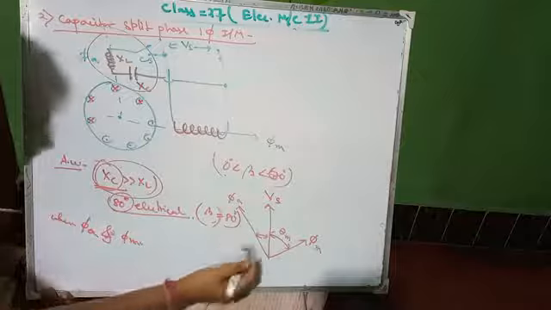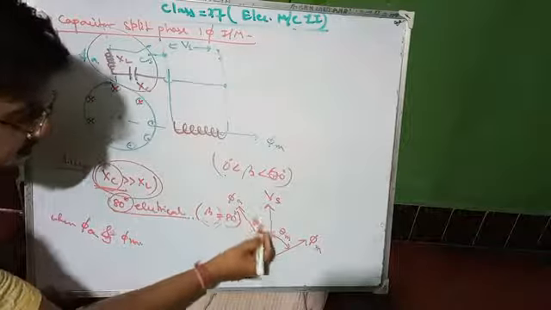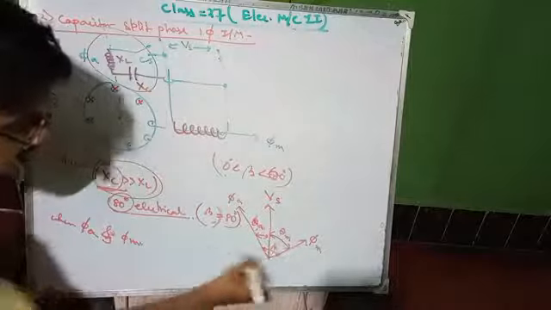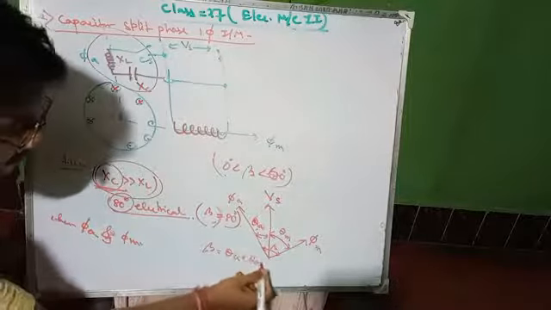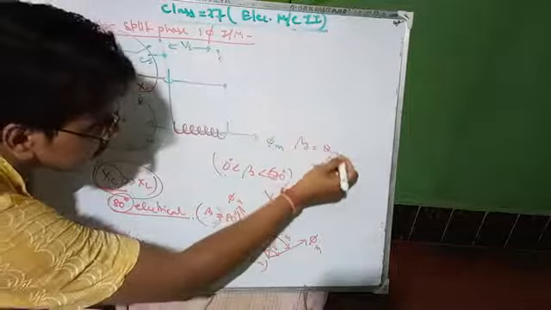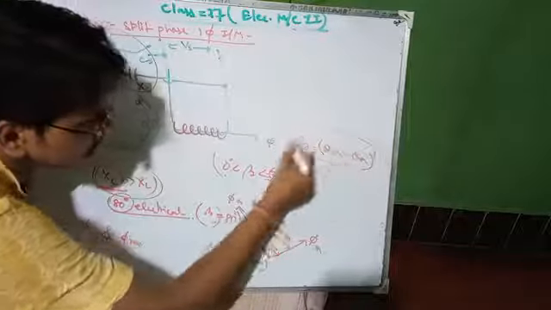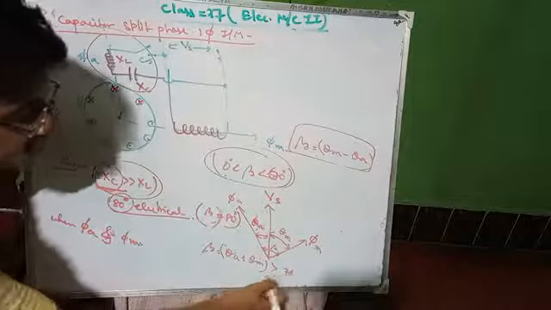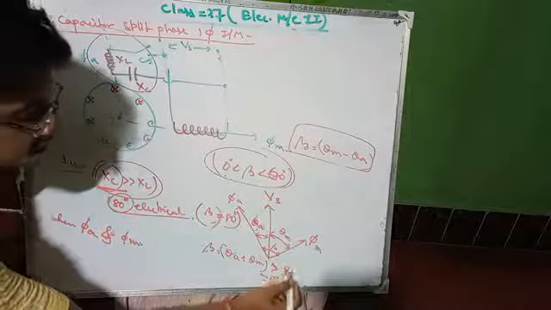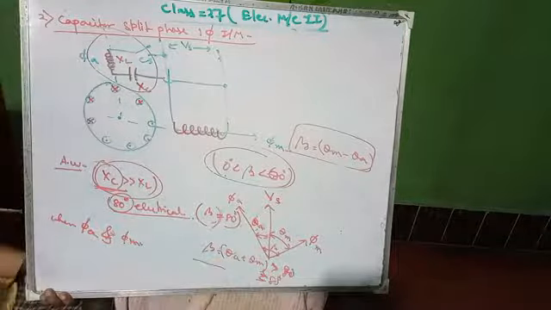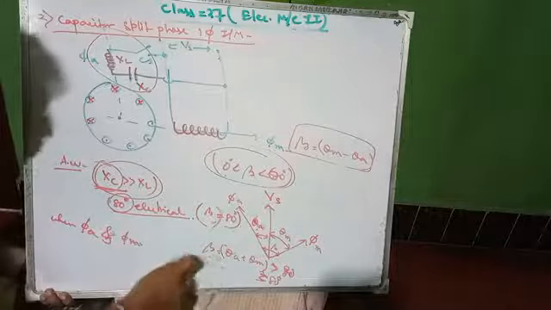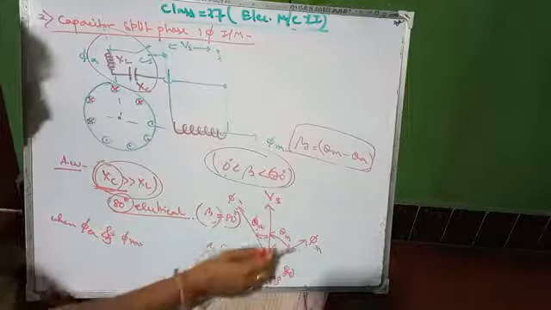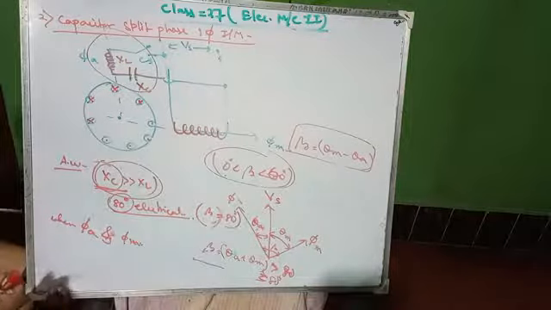So here beta equals theta A plus theta M, whereas previously beta was theta M minus theta A. Previously it was less than 60 degrees, and here it is more than or equal to 80 degrees, approximately 90 degrees. So it shows a two phase axis having a phase difference of almost 90 degrees, which is the perfect condition for starting the induction motor.